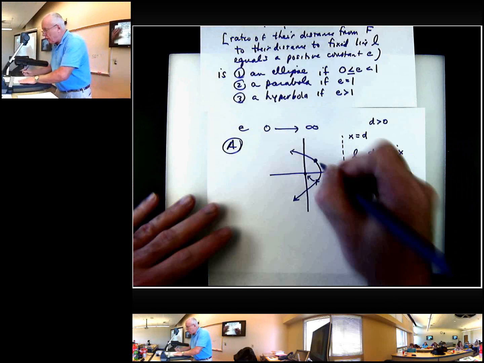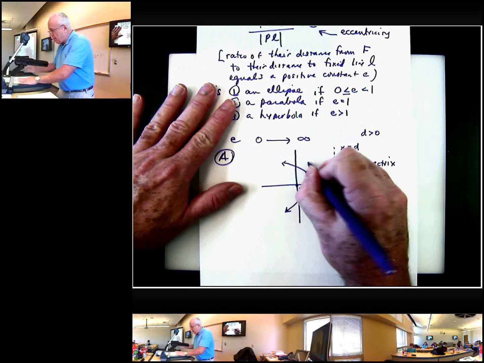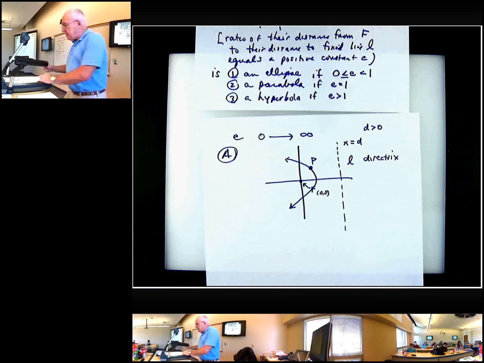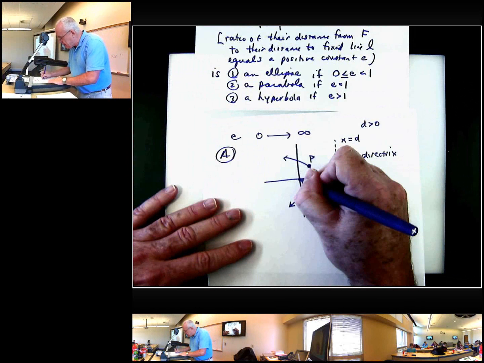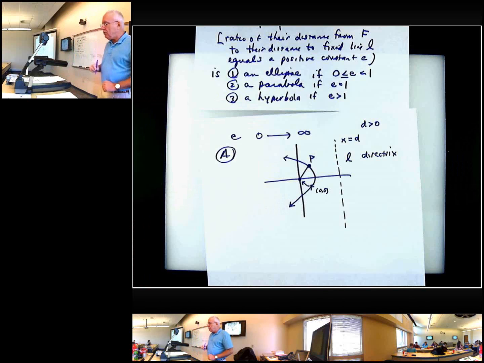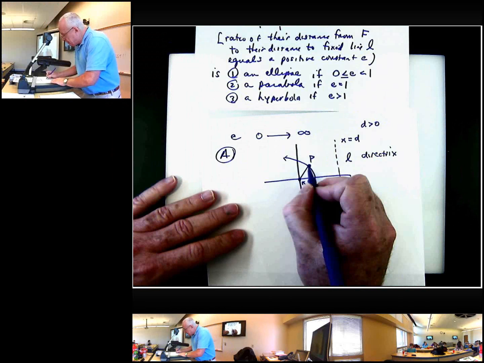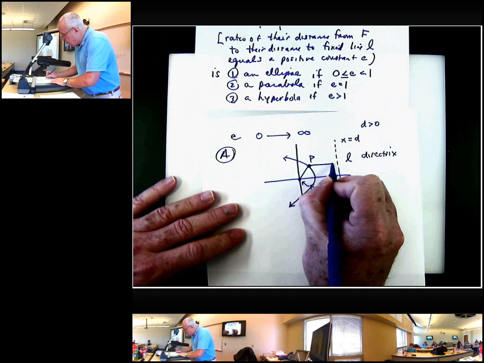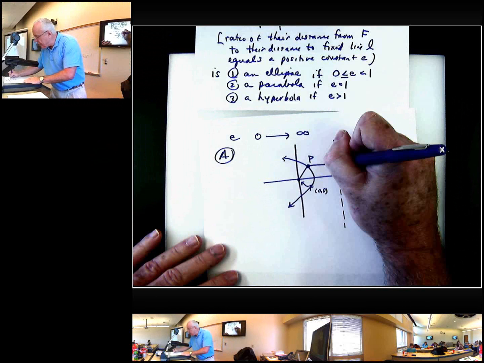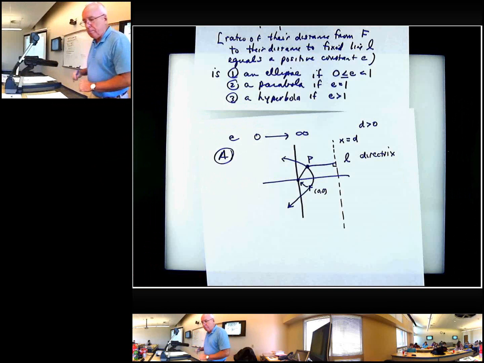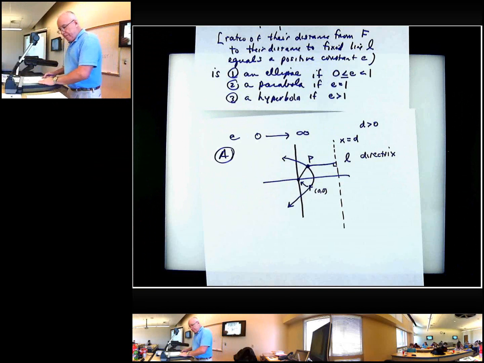Remember, in the theorem, we call these points P, capital P. So what the theorem is saying is that this distance here from P to the focus, divided by the distance from P to the directrix line, so this would be a right angle right here that it would form, that ratio is equal to e.